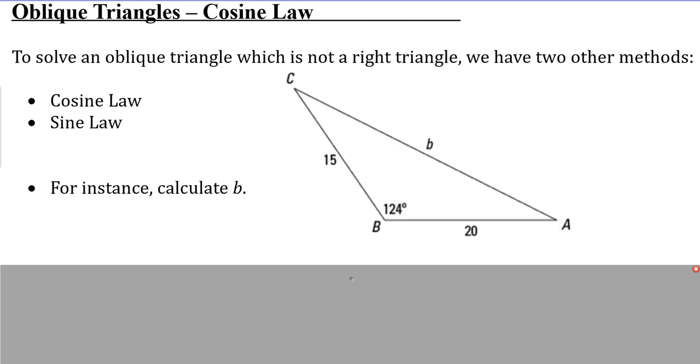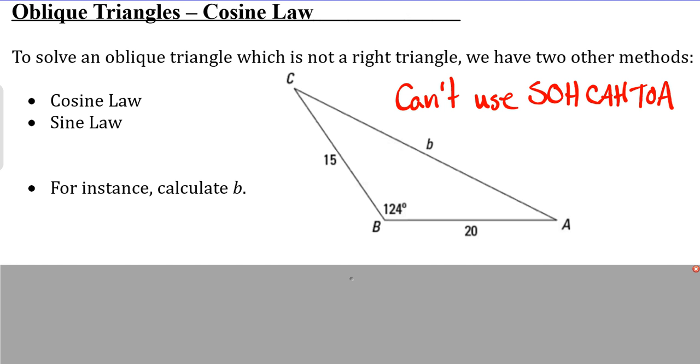So if you have a triangle like this, not a right angled triangle, called oblique, we have two other options. You have cosine law and sine law. If I took a look at this example here and told you to calculate b, obviously we can't use SOHCAHTOA. To figure out if we're going to use cosine or sine law, we have to look at the triangle and see what information we're given.